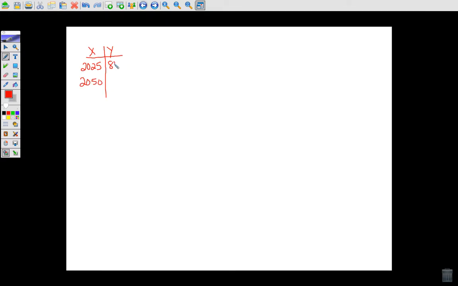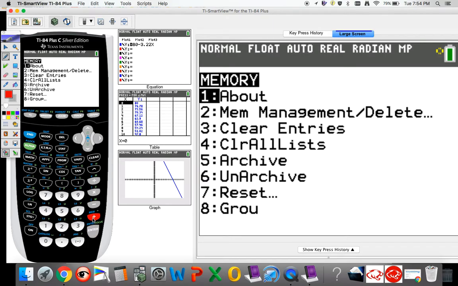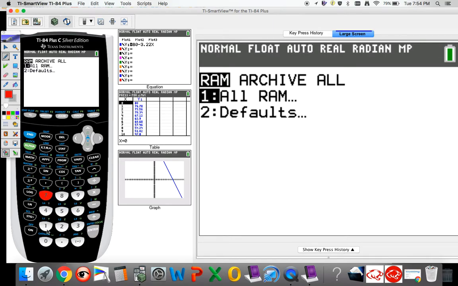So 84, 87. Instead of doing all of it by hand right now, we're going to put this into L1. And we're going to put this into L2. We're just going to use calculator skills for right now. So go ahead and we're going to go back to our stat edit. Before you do that, the best way to do this is do your second plus 712.